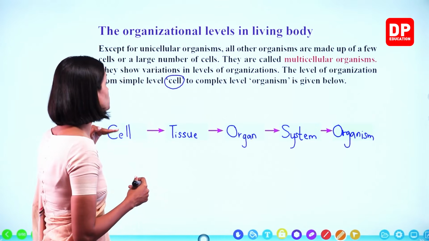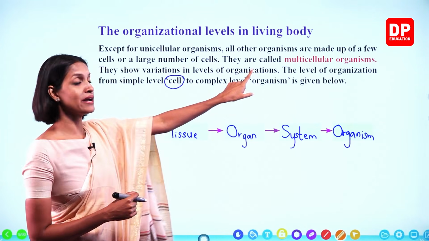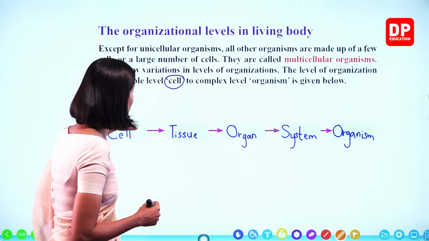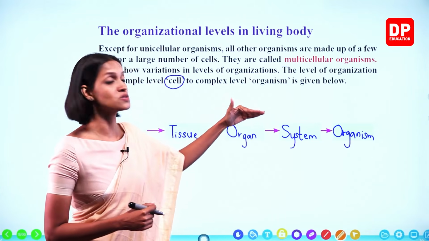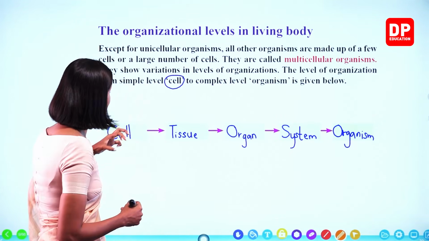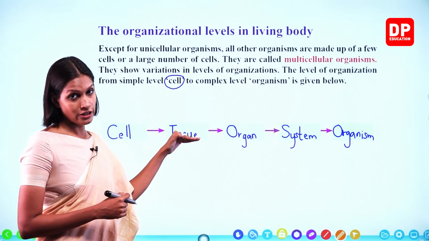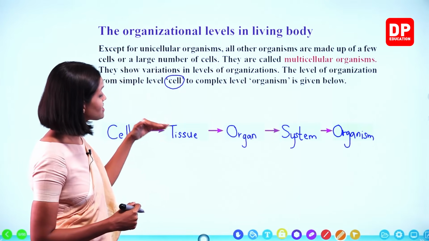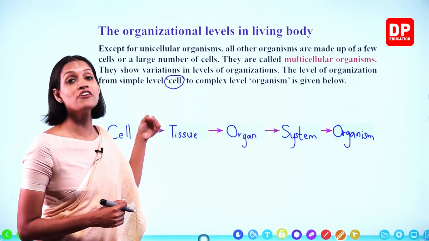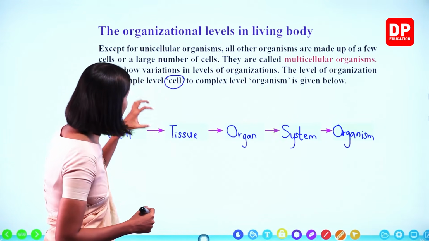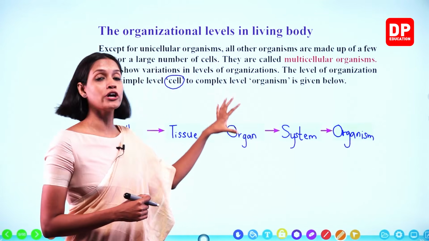According to this flow chart, the body of multicellular organisms is made in this manner. By combining a number of cells, a tissue is formed. A tissue has a special type of structure and functions too. By combining a number of tissues, an organ is formed.